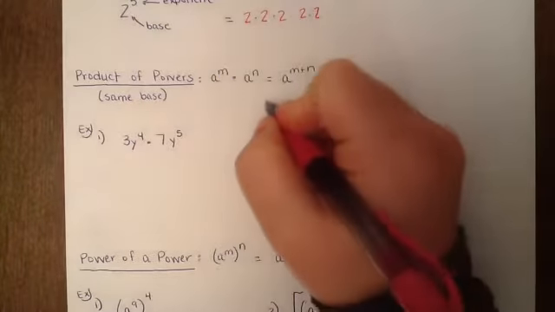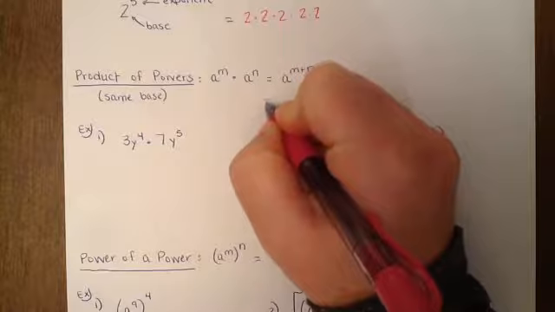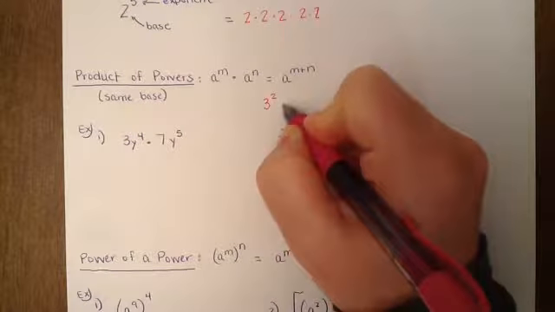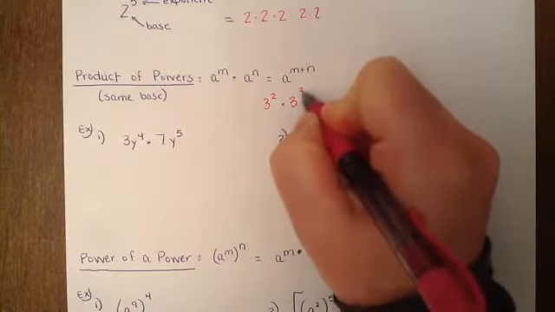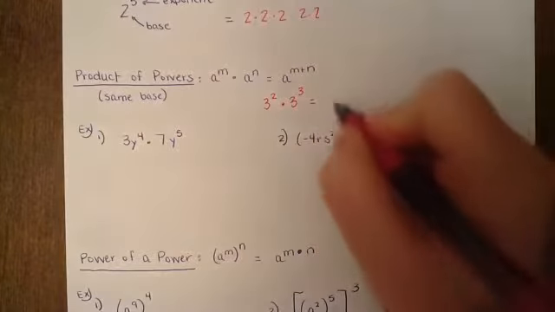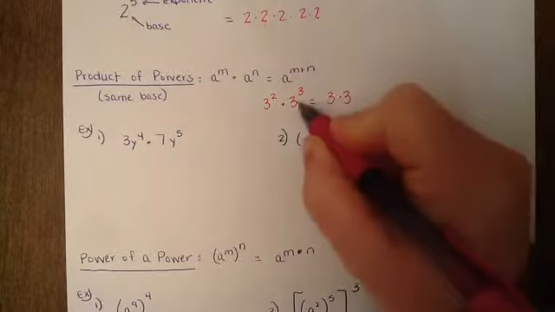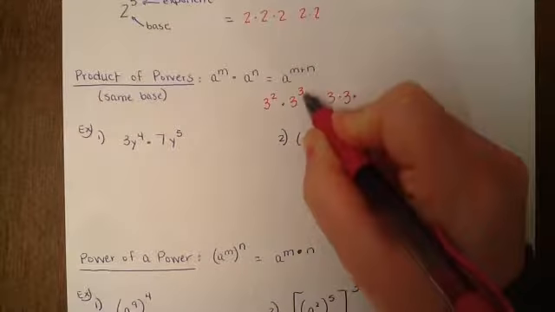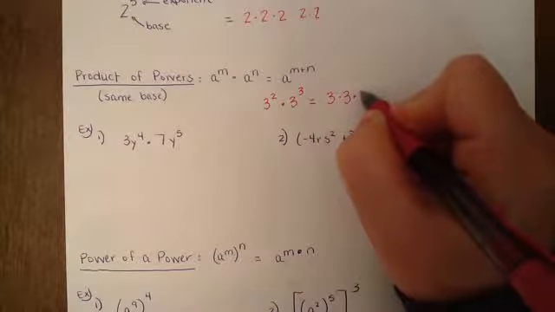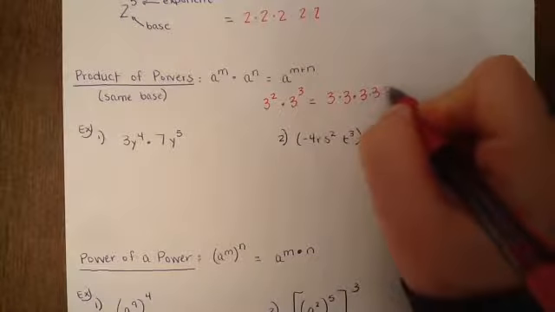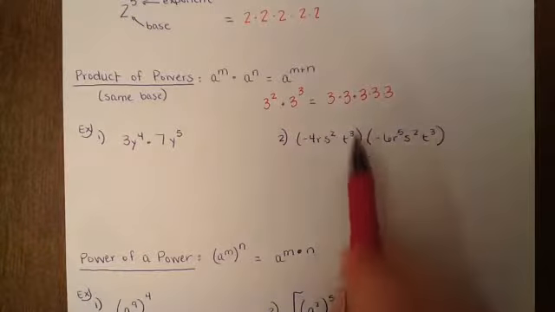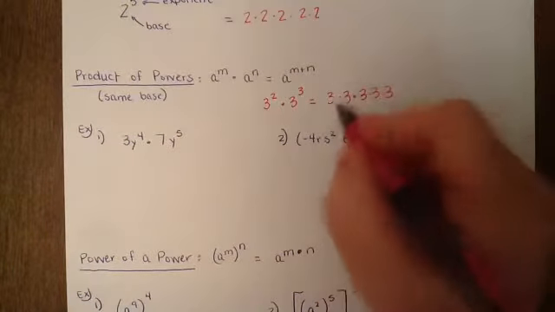You're going to have a lot of a's, so you're going to add those exponents. For instance, if I had 3 squared times 3 cubed. Well, here's my 3 squared, and then times 3 cubed. How many 3's would I have? 3 more. So there's my 3 squared.